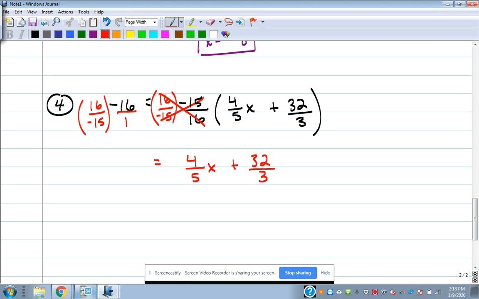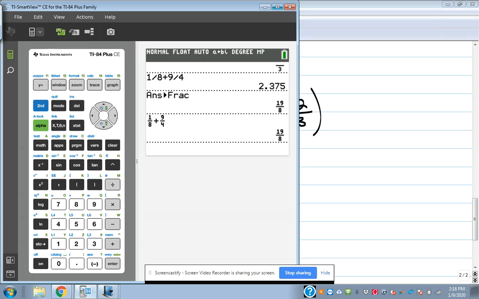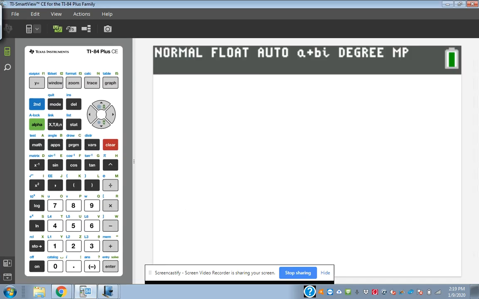With the graphing calculator, in order to get it to do a fraction, you can use the division symbol to simulate a fraction and then get it to turn it back into one. So that's the way I'm going to do it first. Then I'll show you how to do it with the fraction button. With the division, I'm doing 16 divided by negative 15 times negative 16.